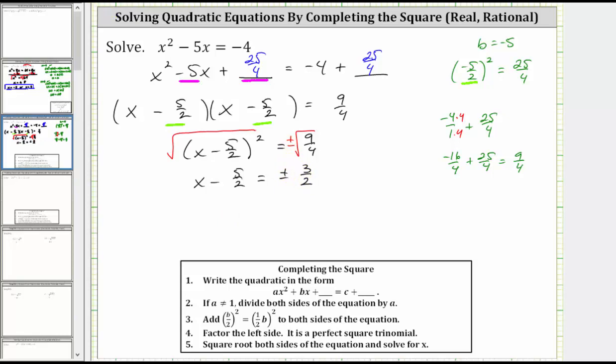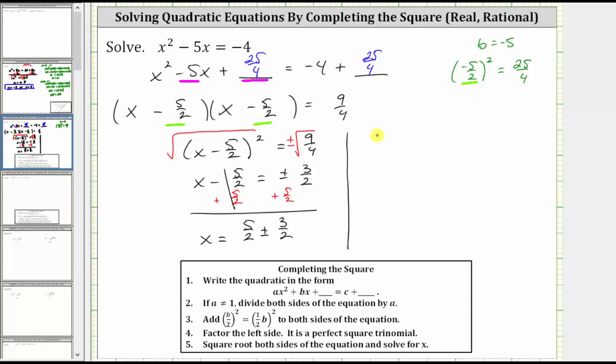And now to solve for x, we add 5/2 to both sides. -5/2 plus 5/2 is 0. We now have x equals 5/2 plus or minus 3/2. And now we need to find the sum or difference to give the two solutions.